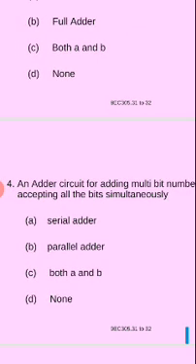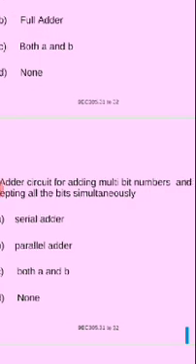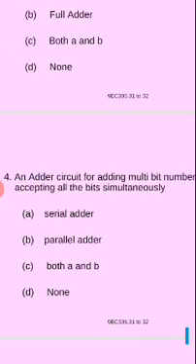Fourth quiz. An adder circuit for adding multi-bit number and accepting all the bits simultaneously.